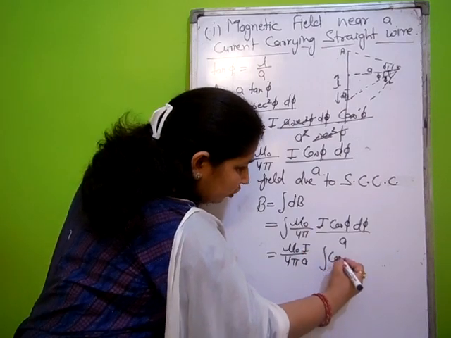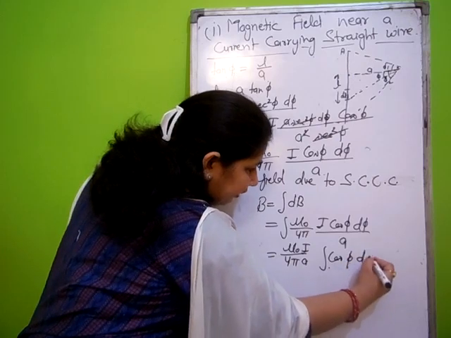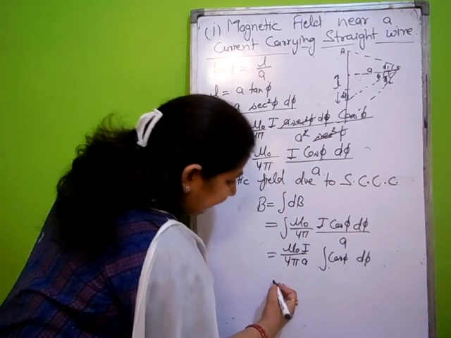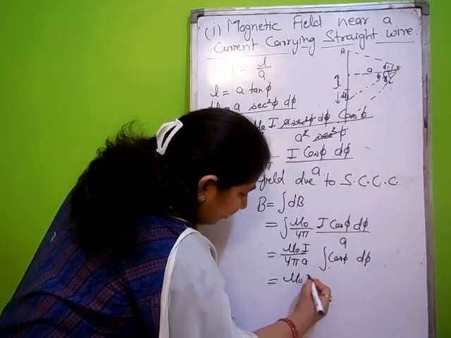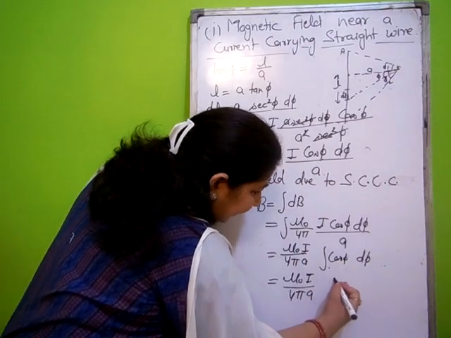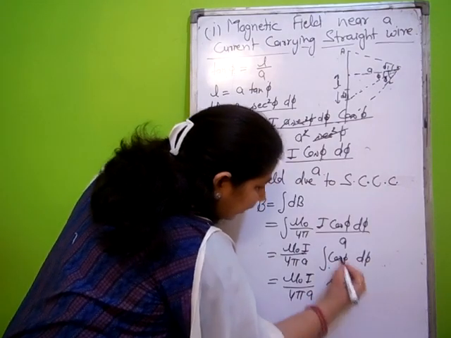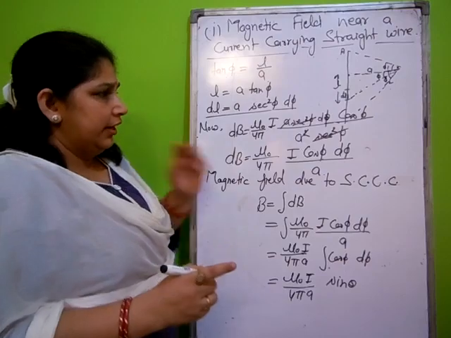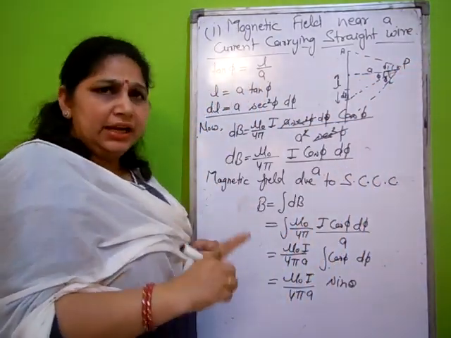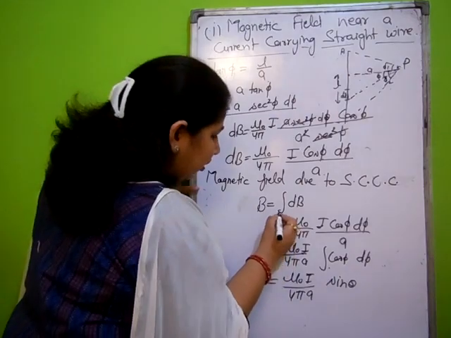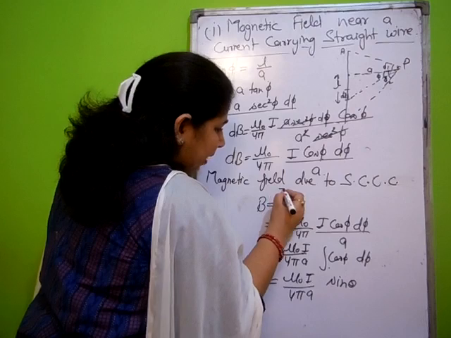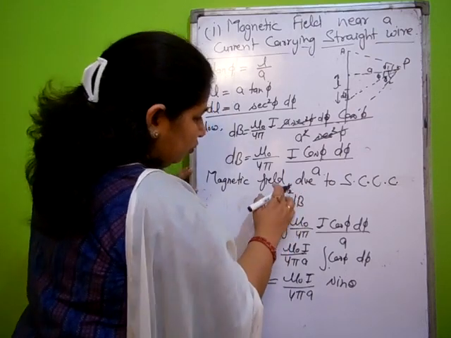Now integrate cos phi d phi. On integrating cos phi we have mu naught I upon 4 pi A, and here sin phi, and the limit. Here the point P we have considered, and for this particular P, phi will change from phi 1 to minus phi 2.